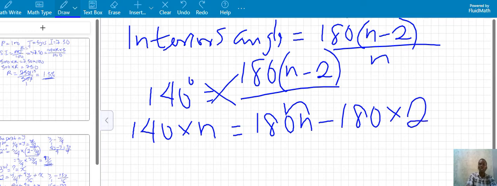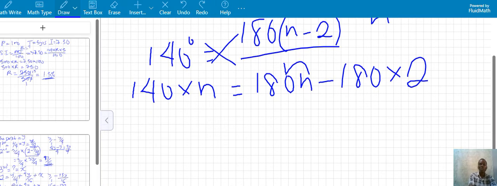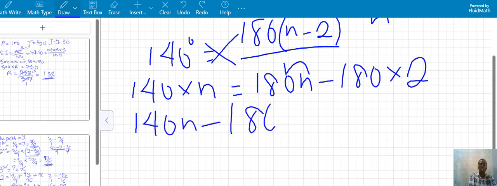So if we simplify this, we are going to have 140n equal to 180n minus 180 times 2.